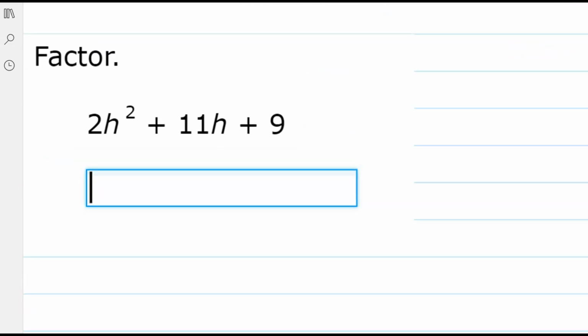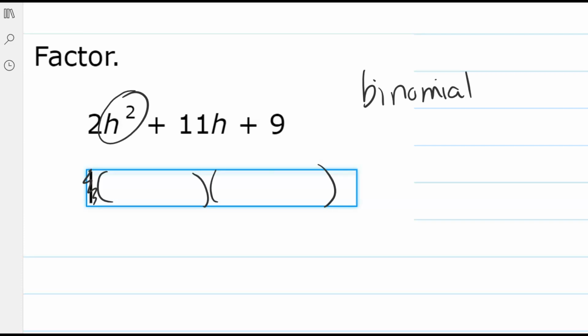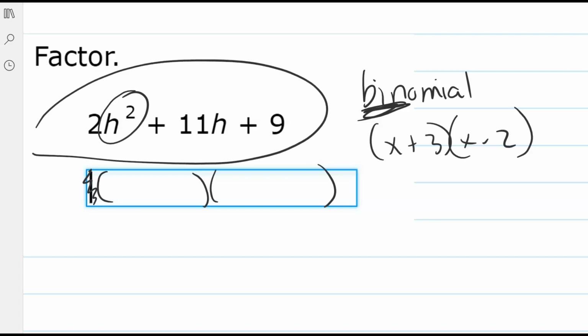You still want 2 numbers. Once you know this is a squared, you know you're going to have a binomial. By the way, binomial means two factors. So it's going to be like x plus 3 and x minus 2. But they're going to multiply to give us this whole thing right here.